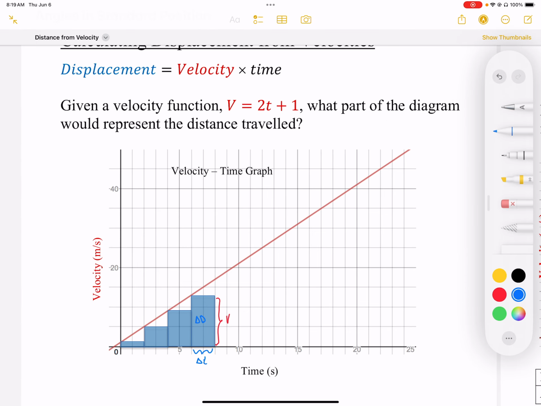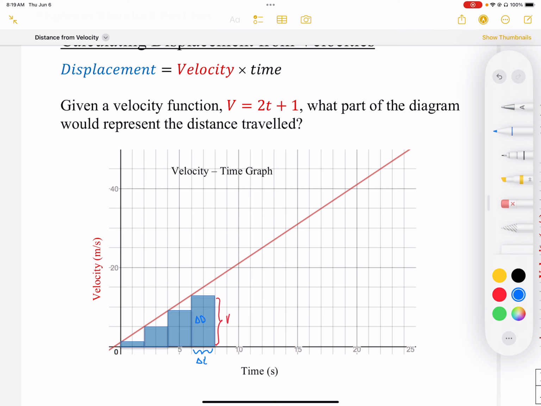So we're going to use this property, that velocity times the change in time is going to give us displacement, and we're going to use that calculation to find the area underneath that velocity graph and estimate the displacement.